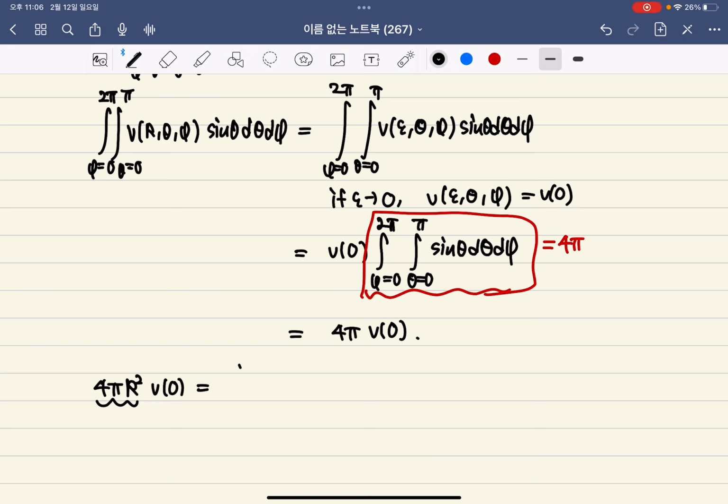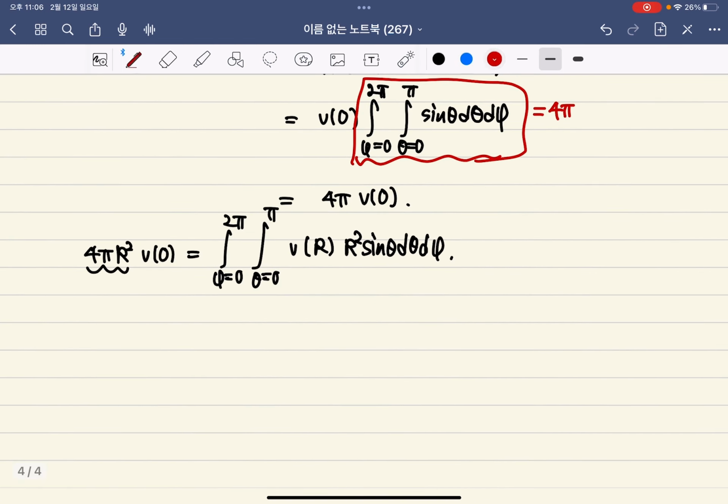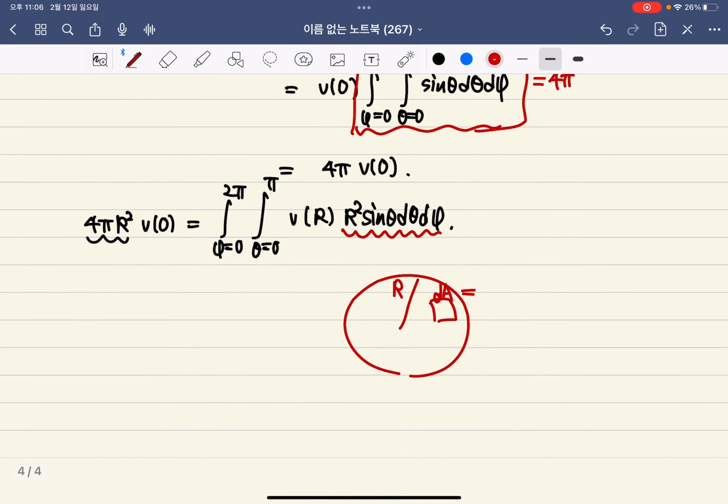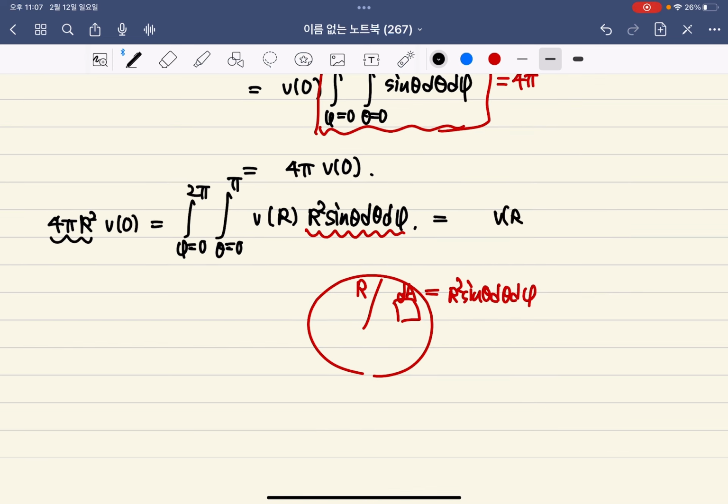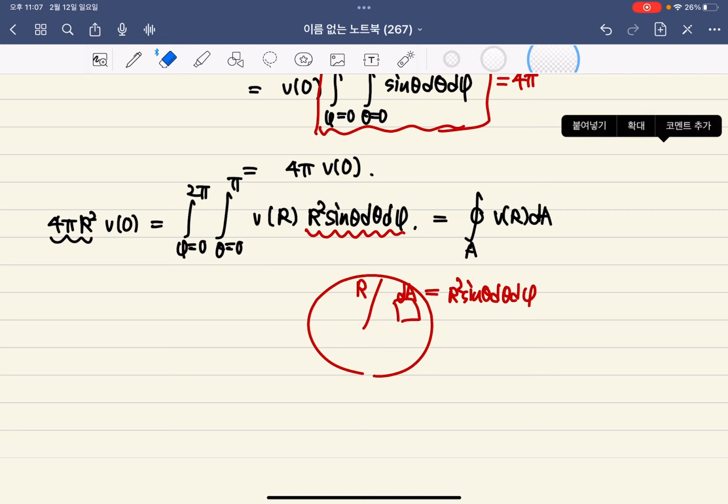And since r squared sine theta d theta d phi is a little surface on the sphere of radius large R, this integral is now the integral of v dA, a surface integral over the surface of the uniform sphere of radius R. So we prove the mean value theorem.